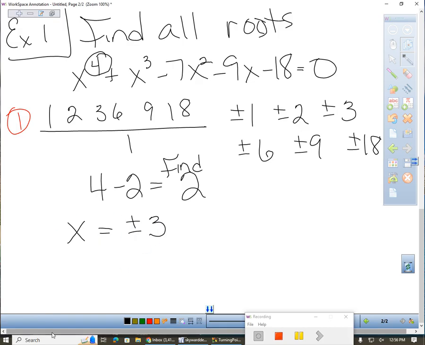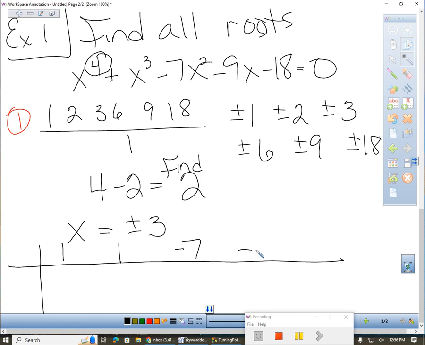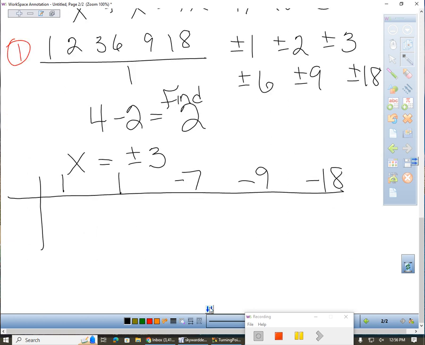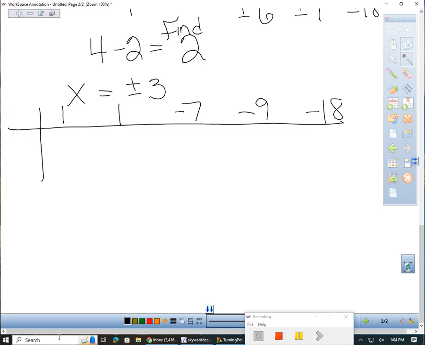Okay, so now that we have 2 zeros, the next step is we start our synthetic division. So we're going to do a long one-sided tic-tac-toe. My coefficients are 1x to the 4th, 1x to the 3rd, minus 7x squared, minus 9x, minus 18. First thing I start with is I'm going to start with positive 3.